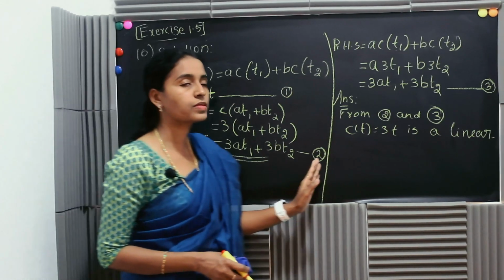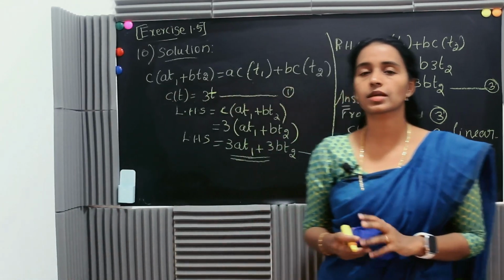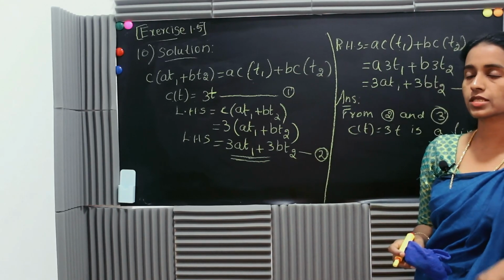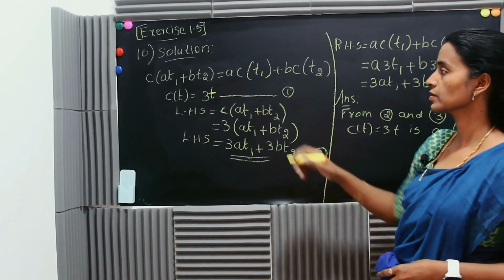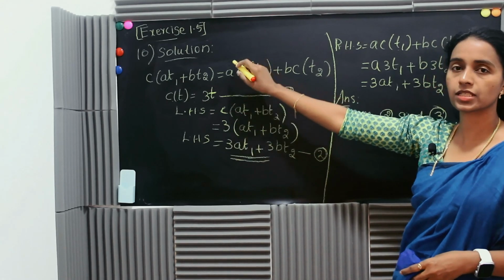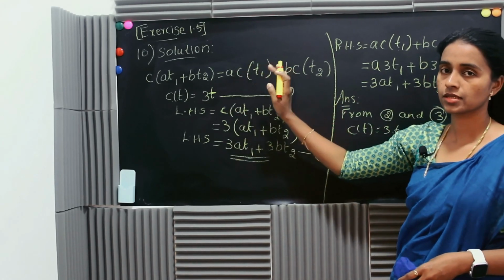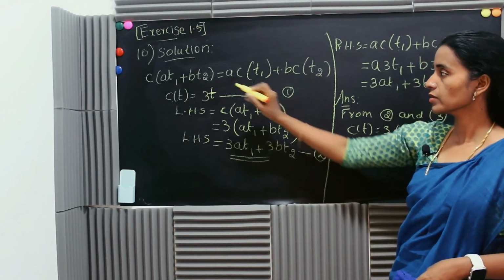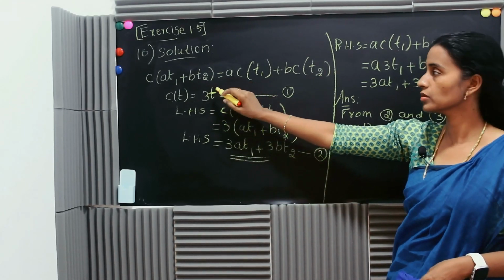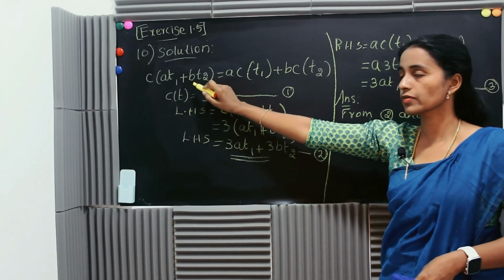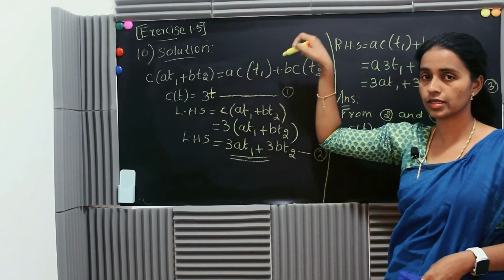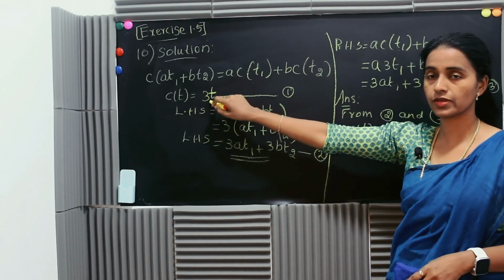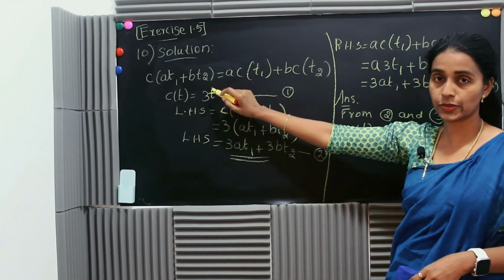This is very simple. We are just comparing the given equation with LHS and RHS. That's it. What we should do? We should simplify LHS first and then RHS by comparing this given expression.